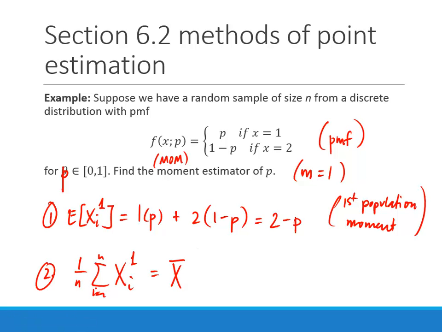So the first sample moment is always x bar. Okay, so the first 2 steps are done. m equals 1, this is a pretty easy strategy here.